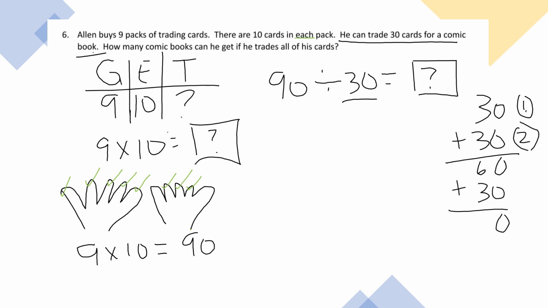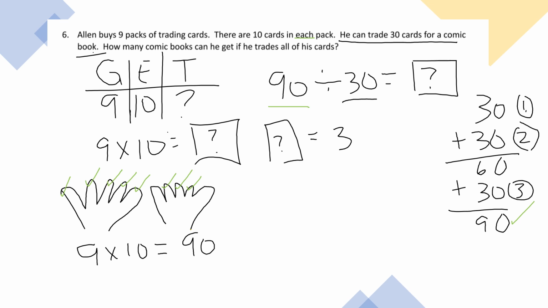0 plus 0 is 0. 6 plus 3 is 9. I'm at 90 now. That's my goal, right? And how many 30s do I have? I have 3 30s. So that means that 90 divided by 30 is 3.